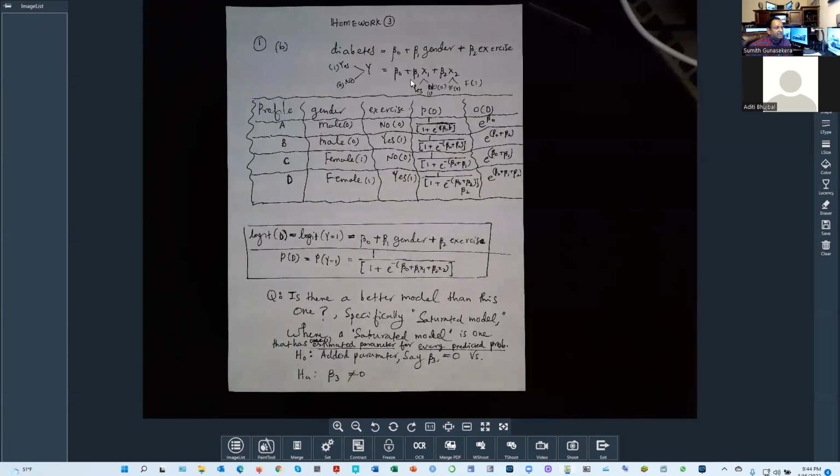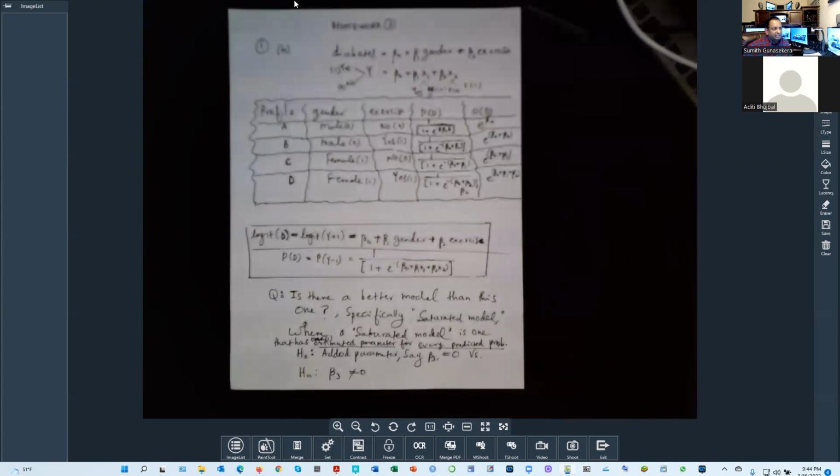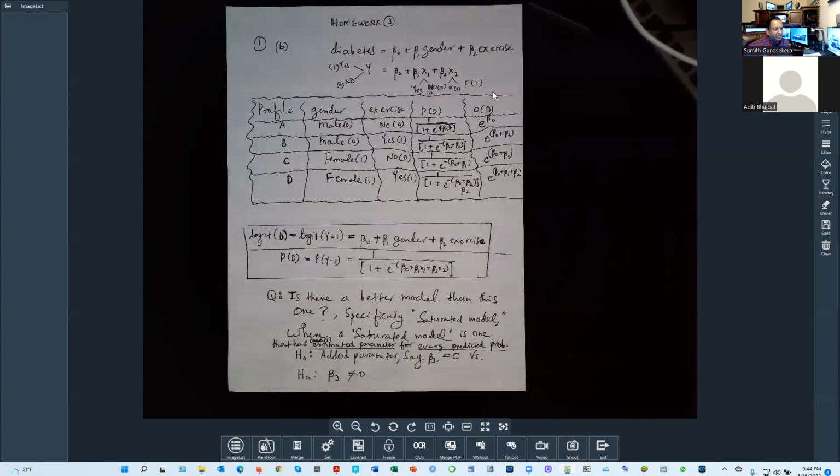Then I built up whatever I really needed. I wrote that in plain English, then converted it into a mathematical equation, with all these options x1, x2, and then I came to my profiles. By looking at this, you can easily say whether this is a saturated or unsaturated model. This is an unsaturated one because we have how many probabilities? 1, 2, 3, 4. But how many parameters? 1, 2, 3.